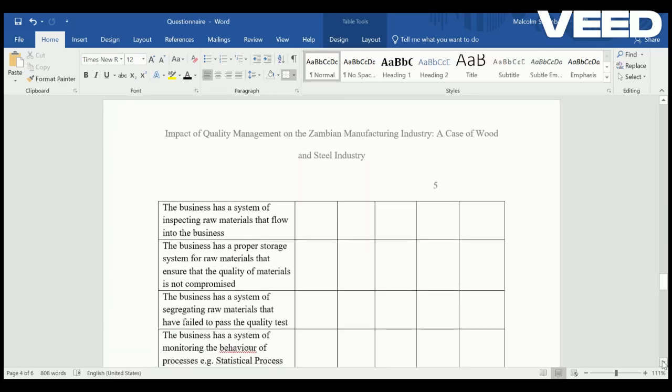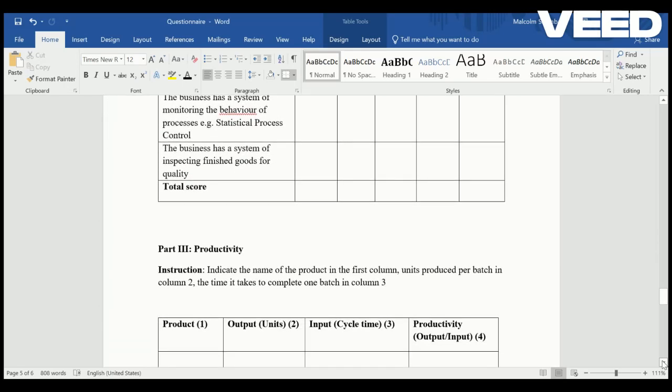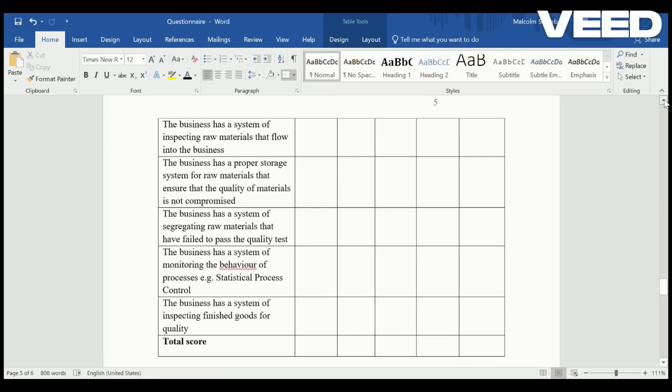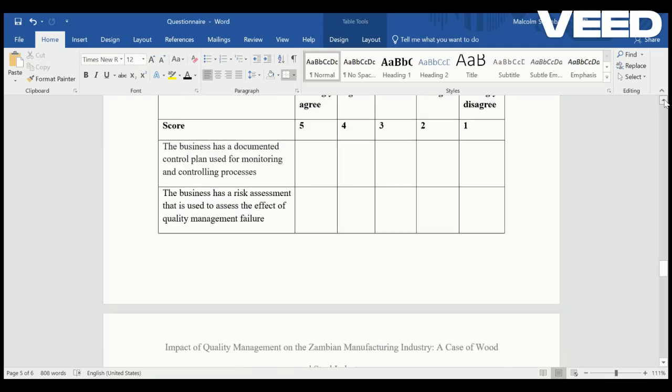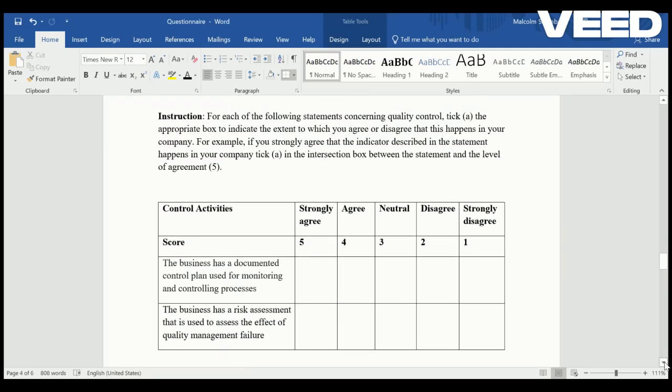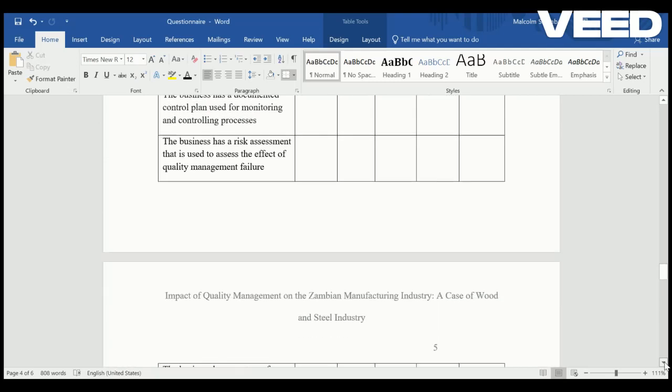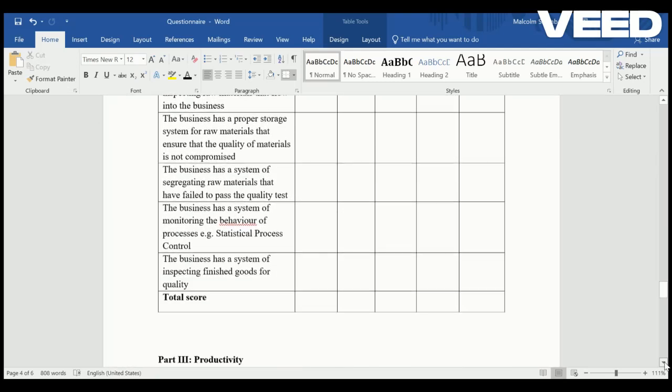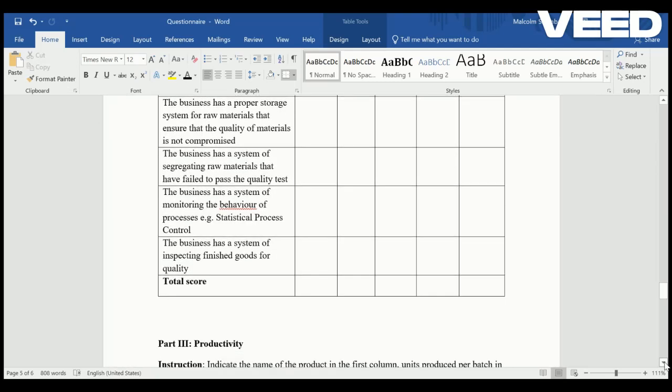I was trying to gather the strength of the independent variable. So up to this point, then we go to part 3.